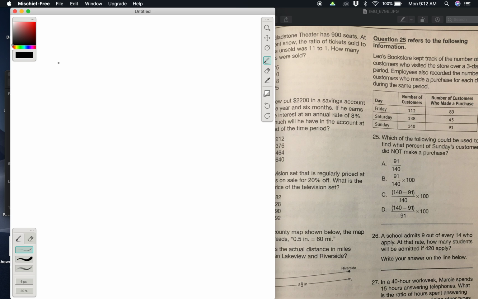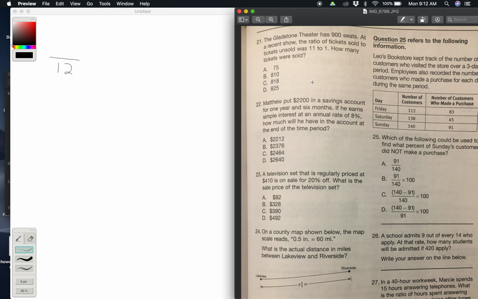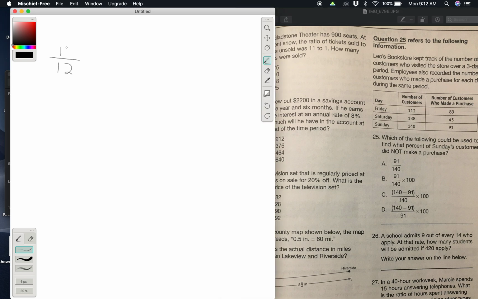So let's set up the problem. The base is 12, and out of 12, the amount sold was 11. We do know that 12 represents the total amount.